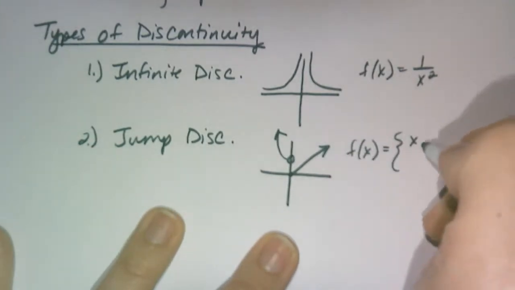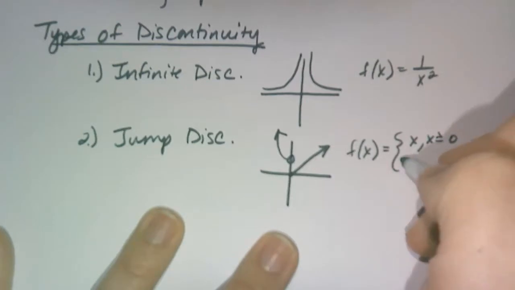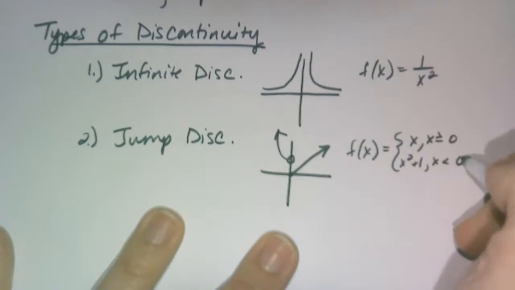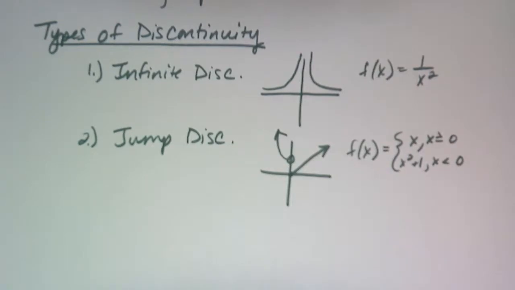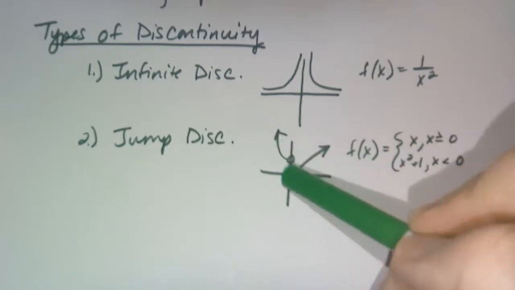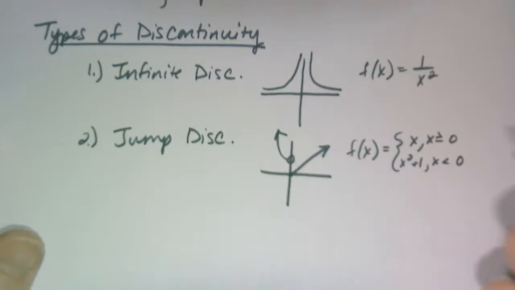This is x when x is greater than or equal to 0. This is x squared plus 1 when x is less than 0. So that's a jump discontinuity. Again, why is it jump? Because if I try to put my pencil on it, I'd have to jump down to then keep going. So I have a discontinuity at that point right there.